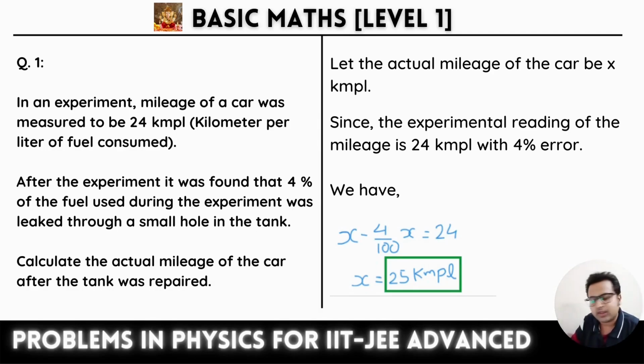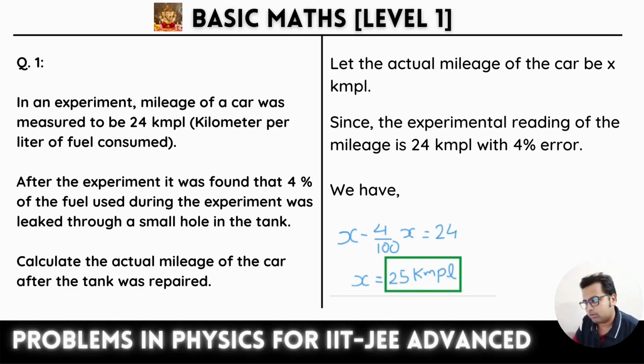And it is also given that during the experiment there was 4% error because the car had a leakage, due to which 4% of the fuel got wasted, it got leaked out. So definitely that 24 reading is the reading with 4% error. It is very easy, we just have to calculate the actual mileage of the car.